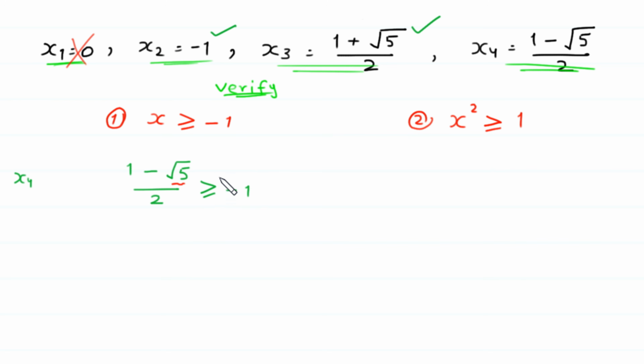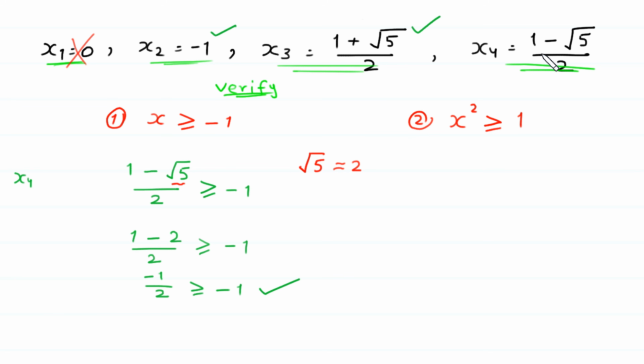And this square root of 5 is approximately equal to 2. So we replace this square root of 5 with 2. Like this, (1 minus 2) over 2 is greater than or equal to negative 1. And 1 minus 2 is negative 1, over 2, is greater than or equal to negative 1. Now it is true that negative 1 over 2 is greater than negative 1. So this condition is true.